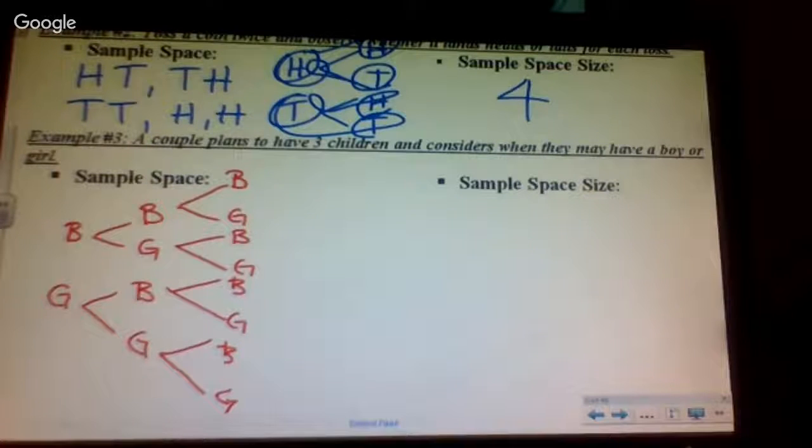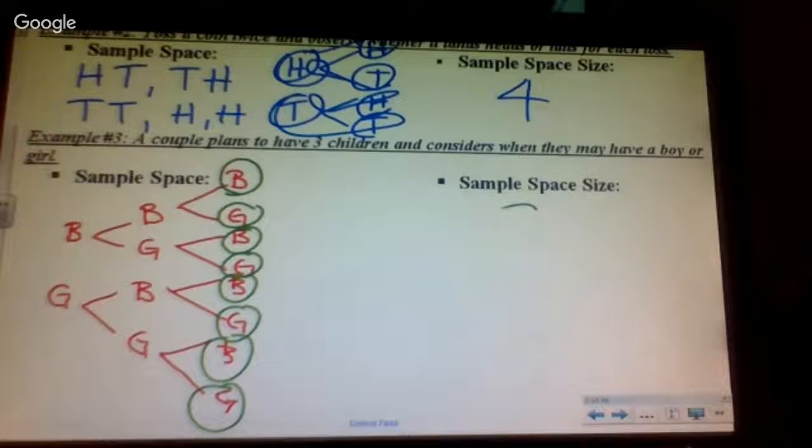You can have 2 boys and a girl: boy, girl, boy; boy, girl, girl; so on and so forth. So how many options do I have? 1, 2, 3, 4, 5, 6, 7, 8. My sample space size is 8. And your tree diagram will list them all out for you.